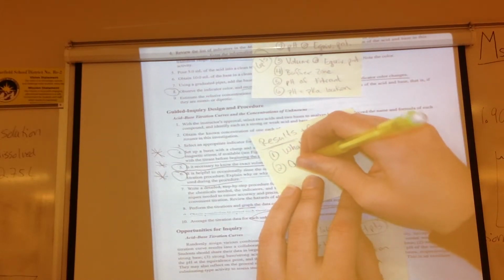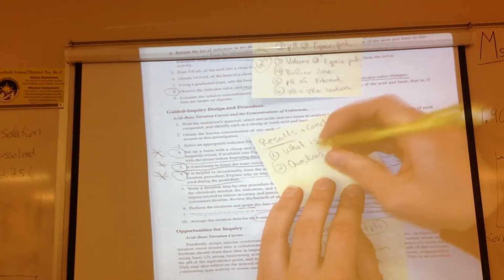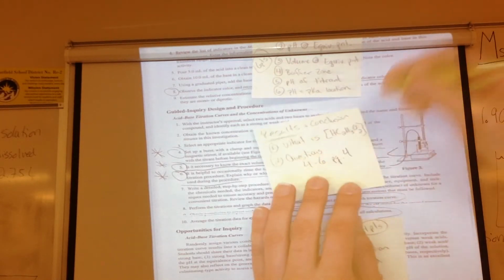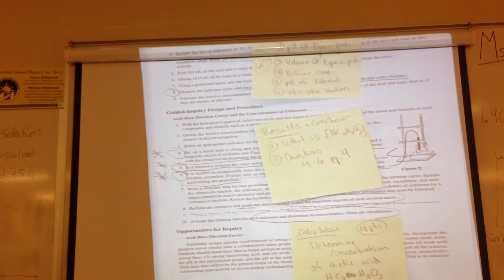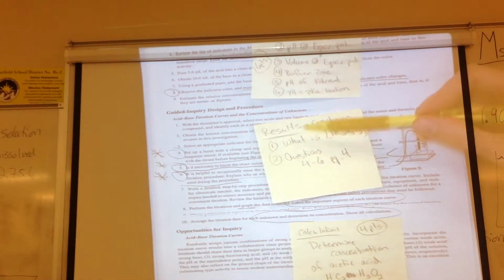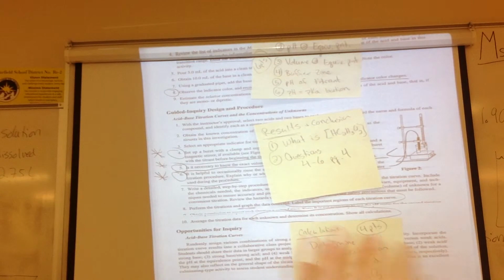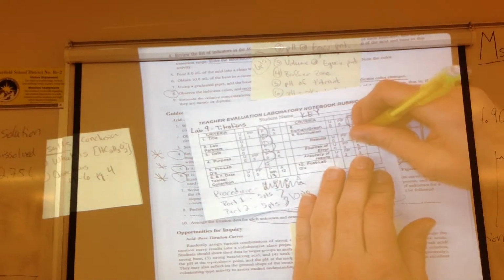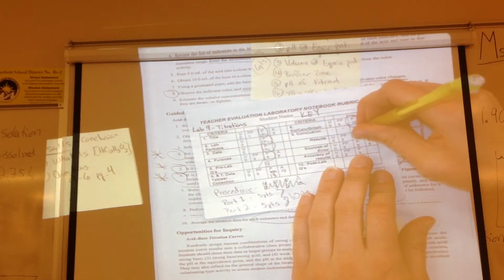So questions 4 through 6 on page 4. I'll take 2 points each for these, so that comes to a total of 8 on your rubric. So instead of this 10, I'm doing 8.